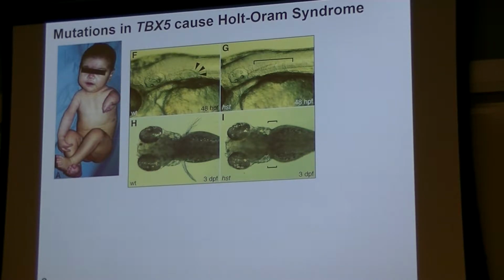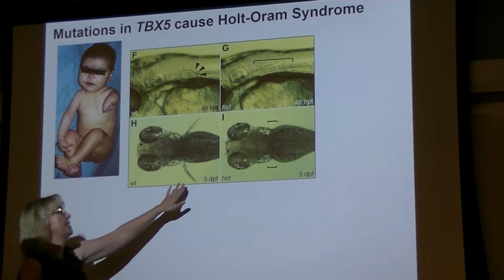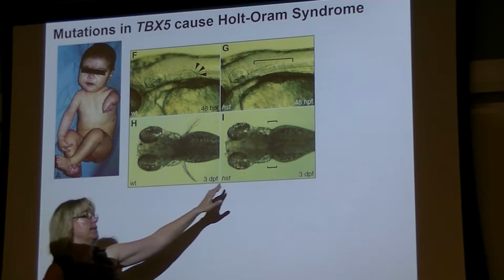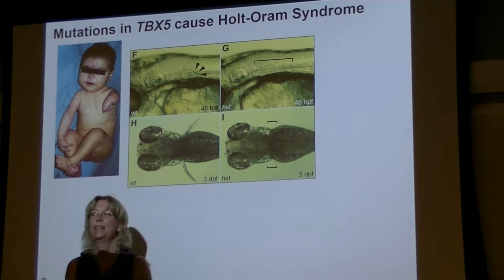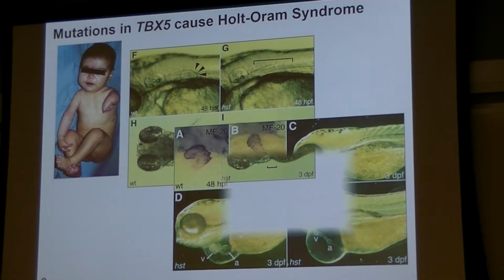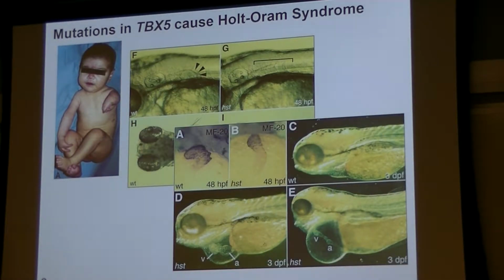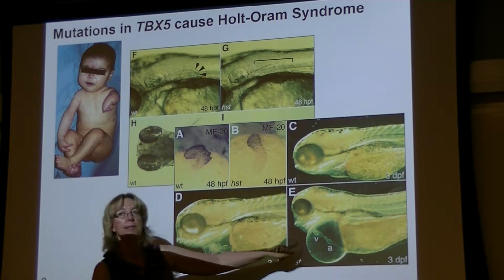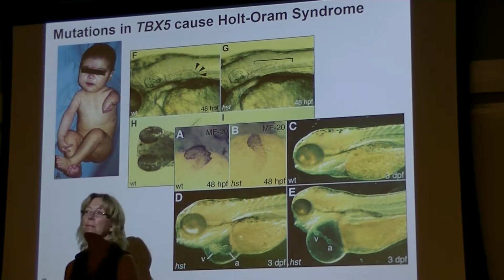So lo and behold, when you have a mutation in TBX5 in zebrafish, you see the absence of these pectoral fins. They're just totally gone. And you also see a cardiac defect where the heart does not form normally, and the embryos end up dying because of this malformed heart.